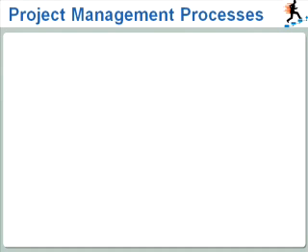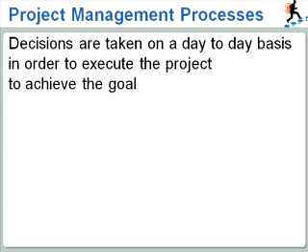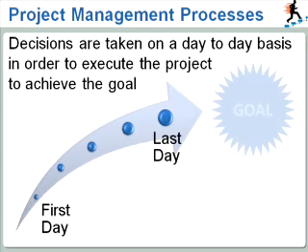We continue by looking at what it is that we do as we manage projects. The project manager and the project team will have to make decisions on a day-to-day basis in order to execute the project with the goal of delivering what was agreed upon.